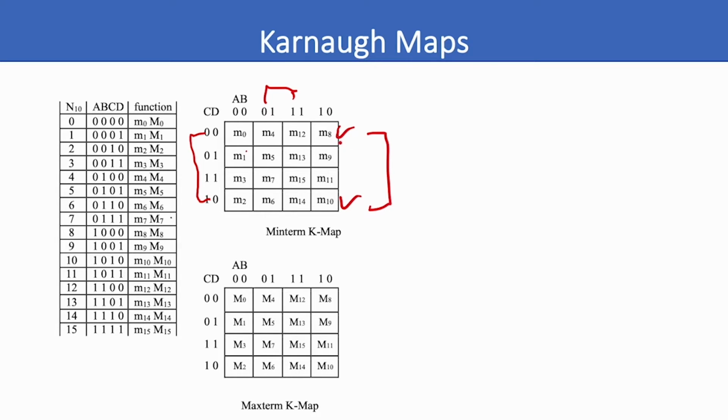So there's one variable change right here, and that's C. Let's look at AB from here to here. Did AB change? No. AB stayed a 1 and a 0. So the only variable that changed was C, and it went from a 0 to a 1. So these two cubes are adjacent. That is, there's only one variable change between the two.